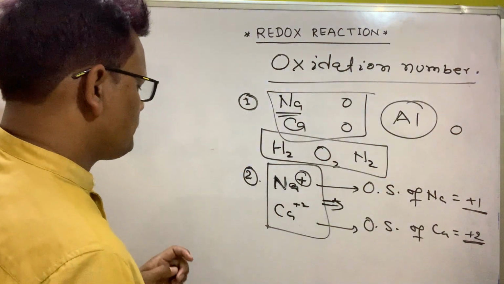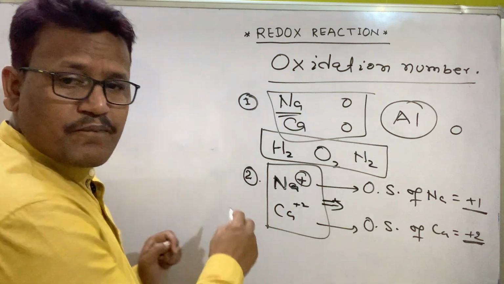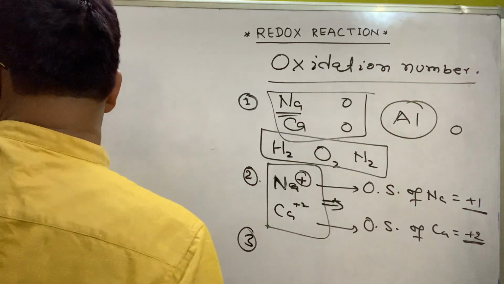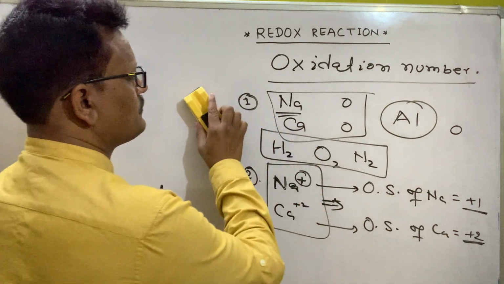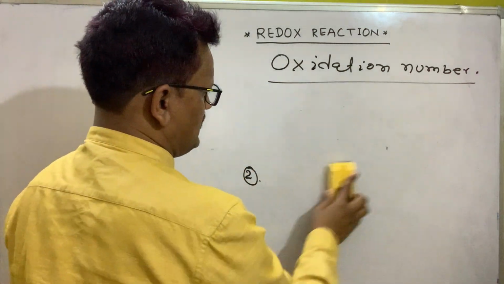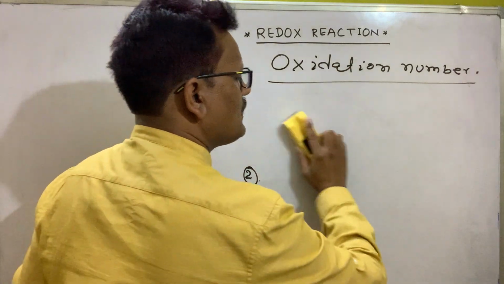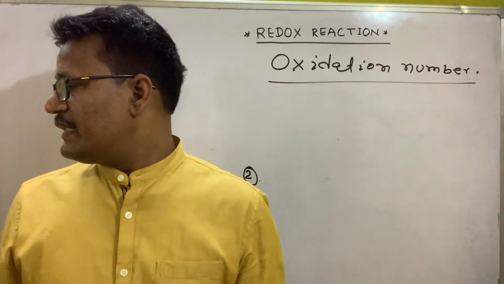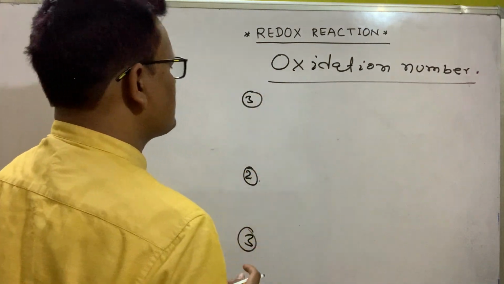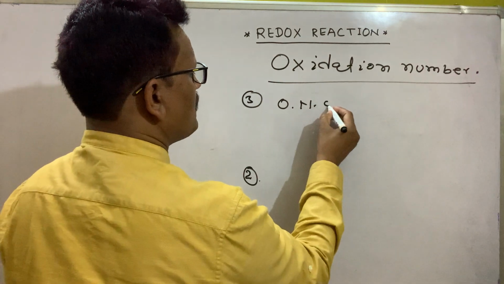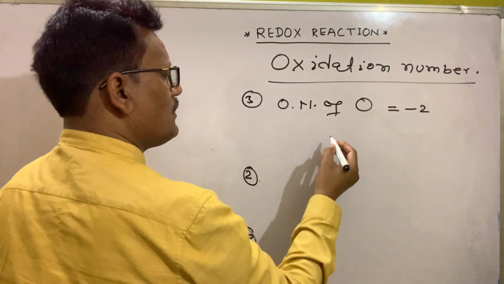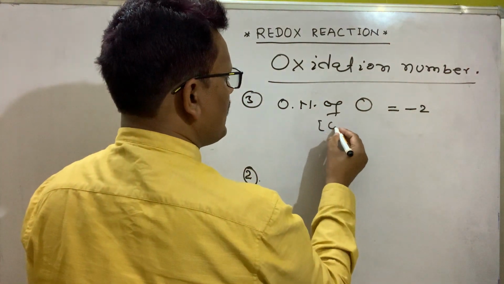Now see the third point. The oxidation number of oxygen usually is -2 in most of the cases, and it is known as oxide.